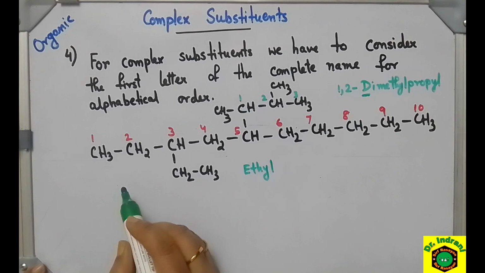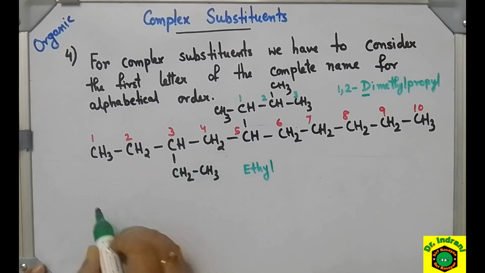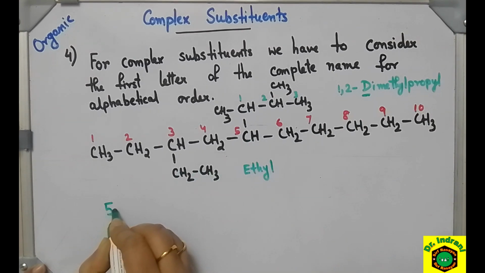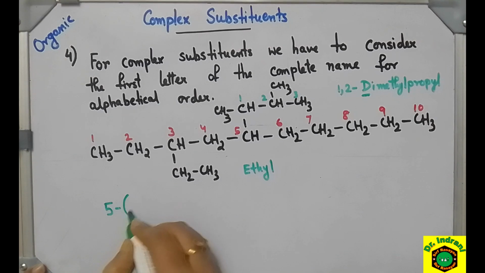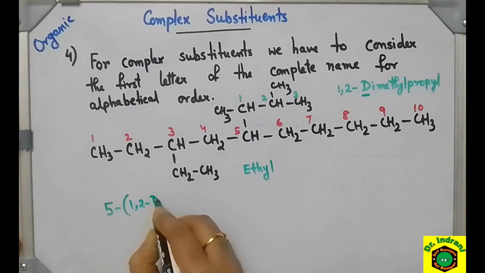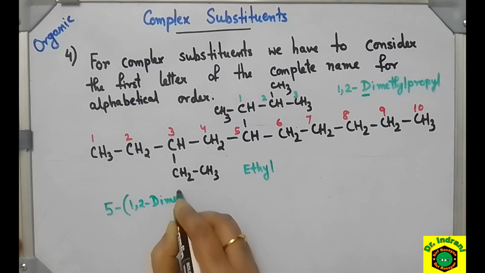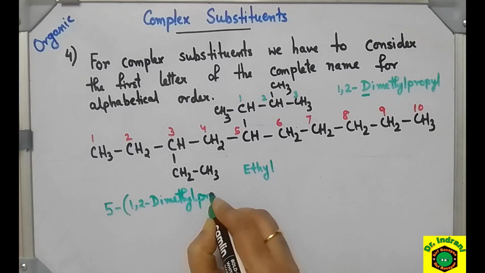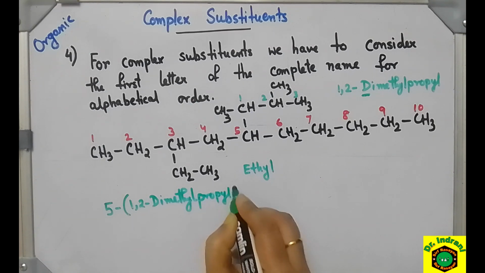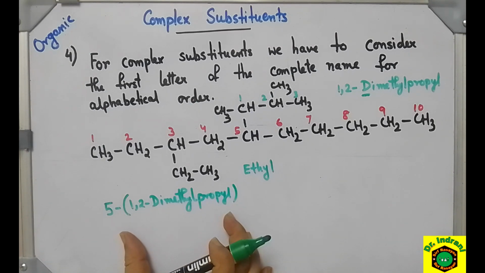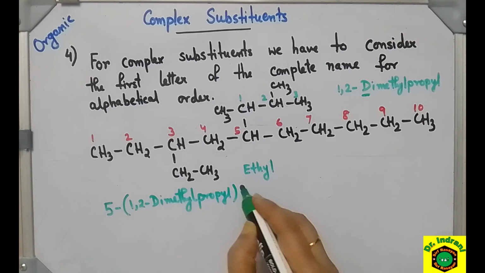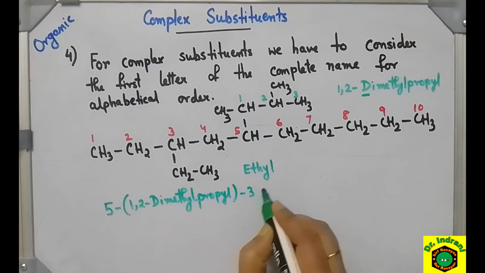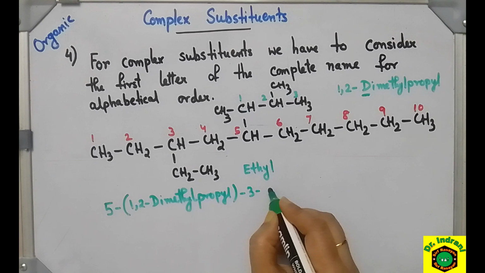So IUPAC name of the compound will be at 5 position, means 5 dash. This substituent is there, 1, 2 dimethyl propyl. So since it is complex substituent, in bracket you have to write. Then at 3 position, which group is there? Ethyl.